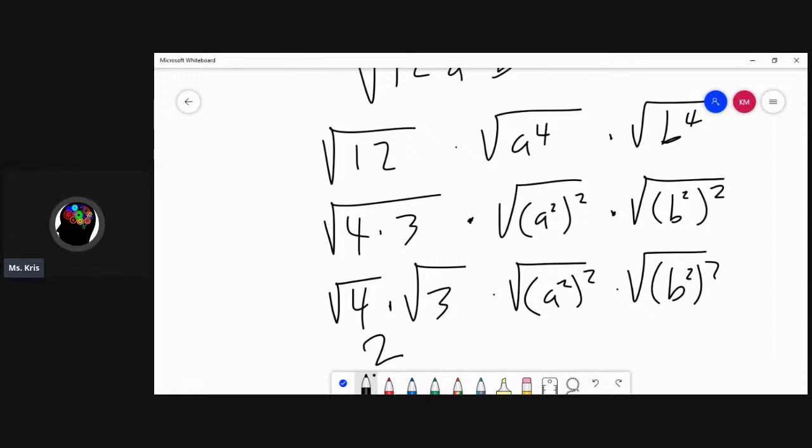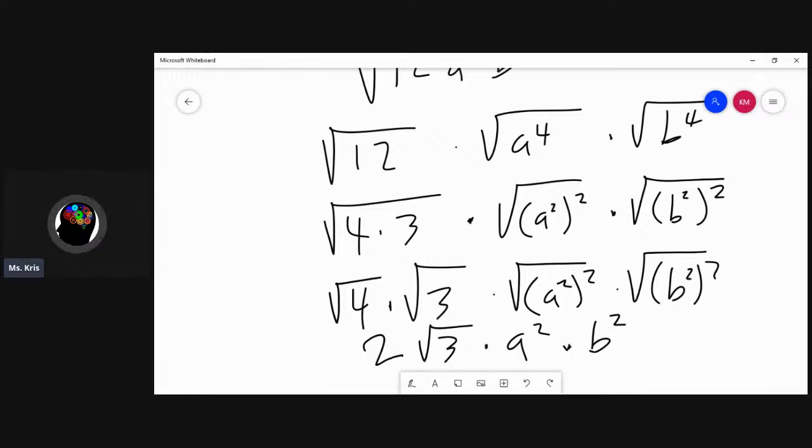You'll leave 3 on the inside, which will give you square root of 3 times square root of A squared to the second is A squared times B squared to the second is B squared.